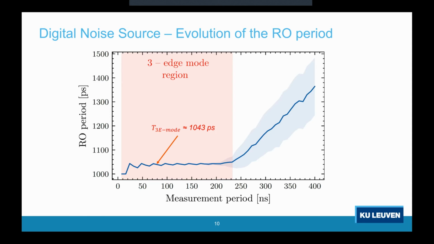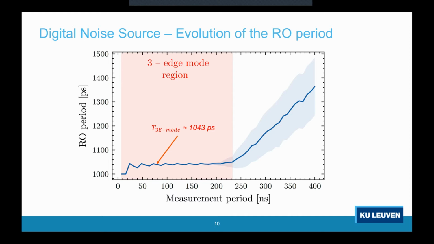To inspect this, we monitor the evolution of the ring oscillator with the increase of the measurement time, as it's shown in this figure. So we performed the measurements in steps of the period of the system clock, and for each time step, we repeated the experiment 100,000 times.